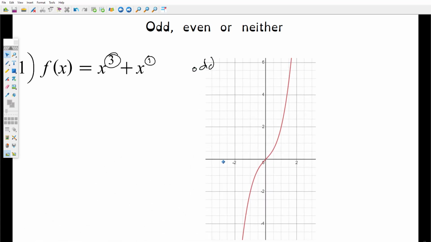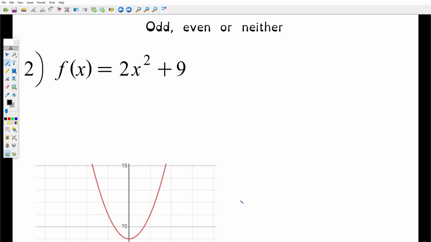Let's look at the graph. What would that look like? Well, here's the origin. If you take this section and spin it around the origin, you would end up here. Now my exponent's even, and I have a constant.